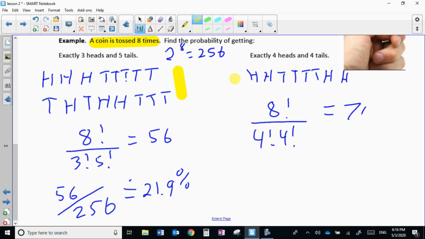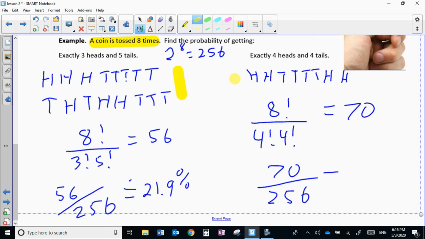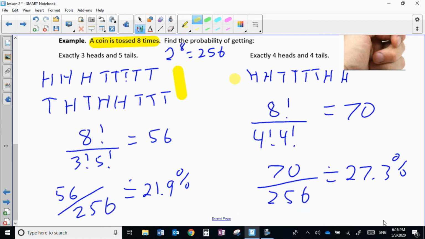That gives you 70 possibilities if you figure that out. And so the probability of that happening is 70 divided by 256, which is about 27.3% is what I have here. So we can see that permutations can be used to solve real-life questions as well. In fact, this question without permutations is quite difficult.